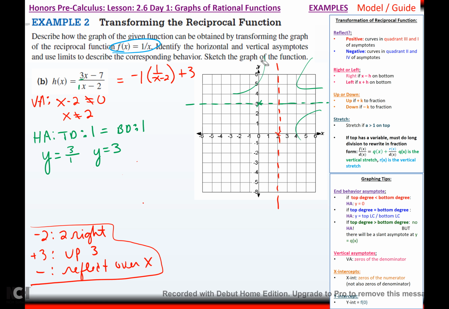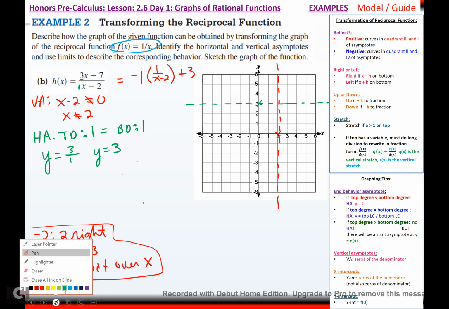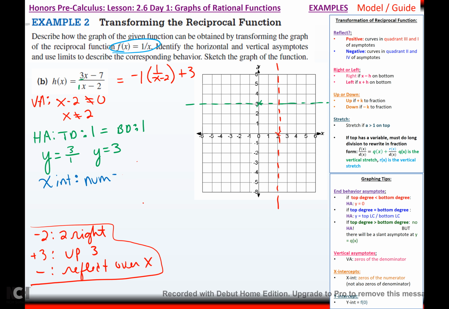Okay? And again, that's why we're going to find the X-intercepts and the Y-intercepts to get a clue of where this thing boomerangs at. So if I get my X-intercepts, you set your numerator equal to 0. So if I set 3x minus 7 equal to 0 and solve, plus 7, 3x equals 7, divide by 3, x equals 7/3, which is approximately 2.3 repeating.